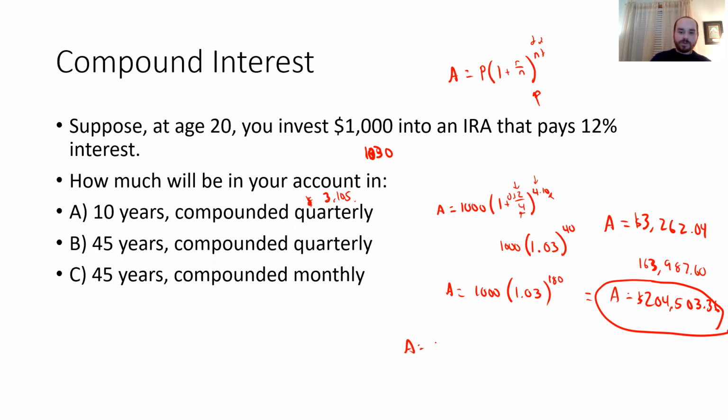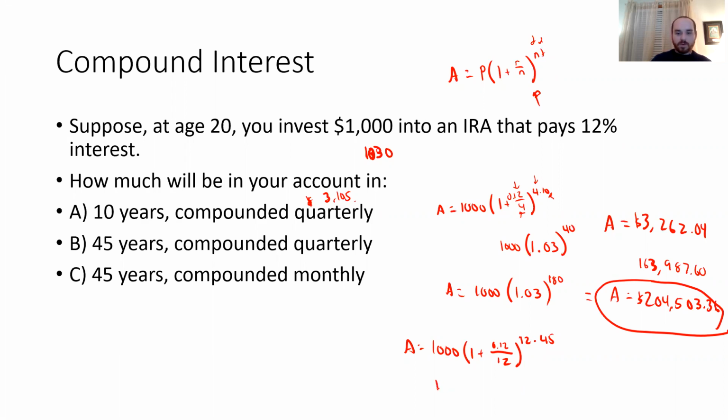So we're going to have A equals 1,000. This time we have a different n, so we're going to need to do our formula from scratch again. Plus we have 0.12, that's our rate, divided by 12, which is our n. And that's all raised to the 12 times 45. Now 0.12 divided by 12, that's 0.01.